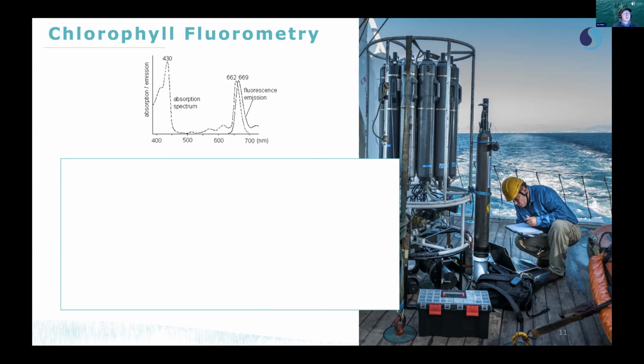There's another absorption peak at around the red at 662 nanometers. But the fluorescence emission spectrum, again, is always to the right of any of the absorption peaks for the material. So it's certainly to the right of 430 and certainly to the right of 662. So we see that same Stokes shift.